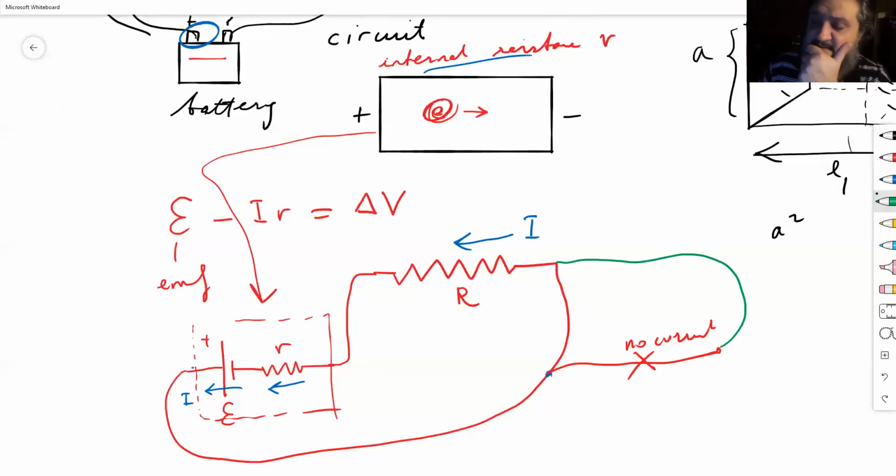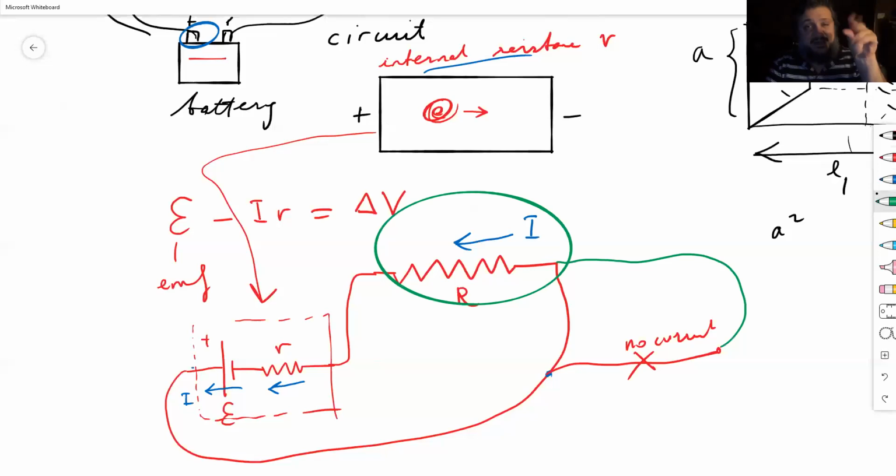Now the thing is, this cable itself has a resistance as well. This is pretty much the load. This could be your car's lights. But the wire itself also has a resistance, which I didn't really show here. If you think like this, the current will split into two and then join again over here.